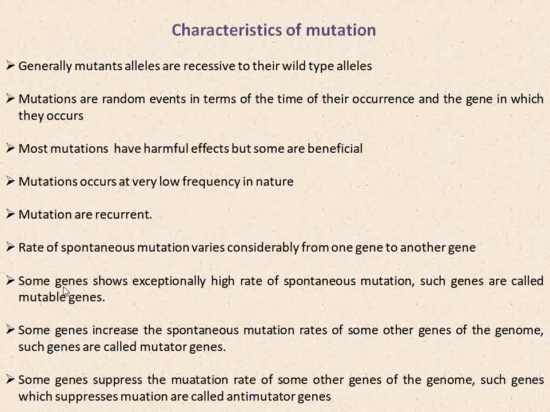Genes showing a high rate of spontaneous mutation are called mutable genes, genes which increase the rate of mutation in other genes are called mutator genes, while genes which suppress mutation in other genes are called anti-mutator genes. So these are the types of mutations and their characteristics.